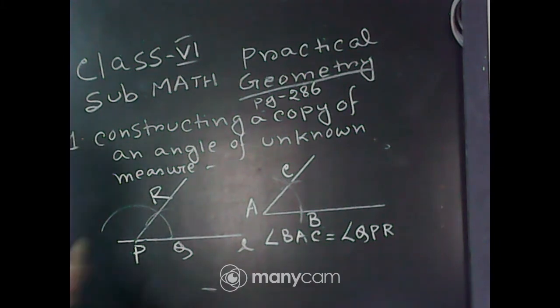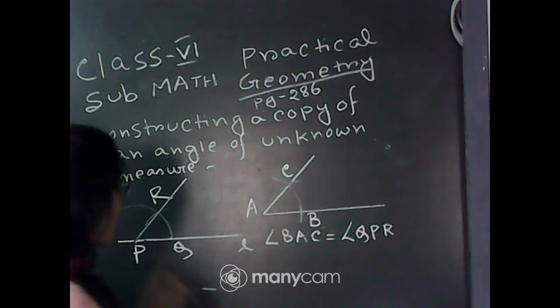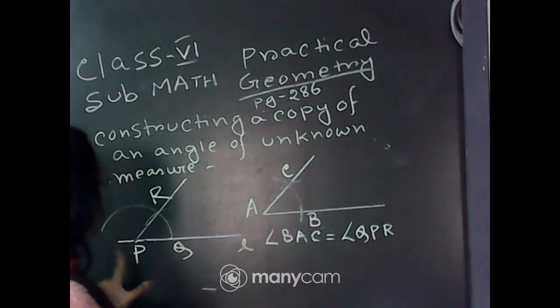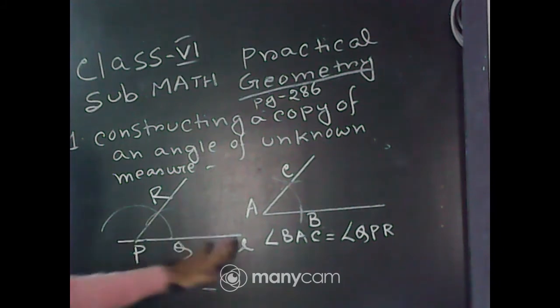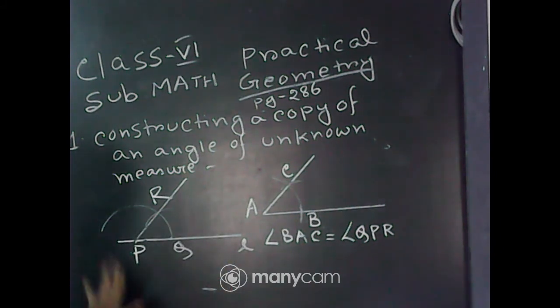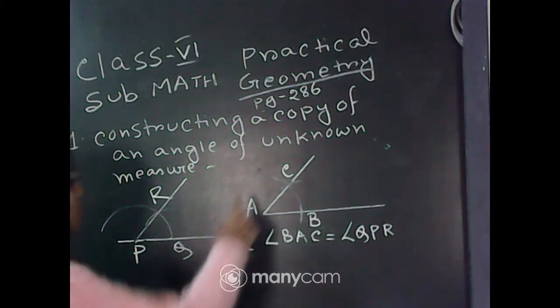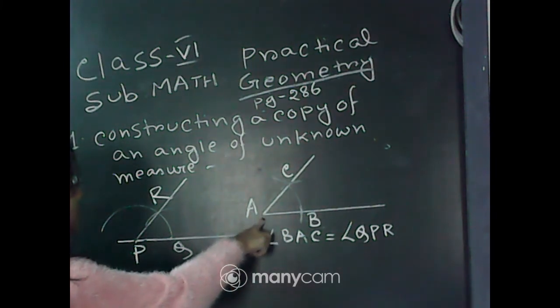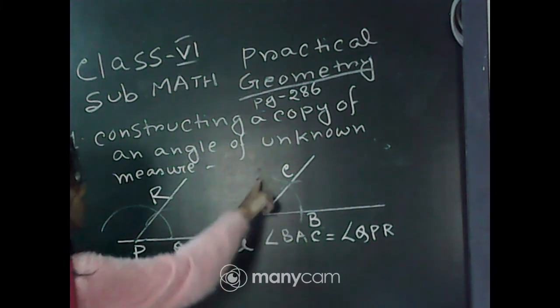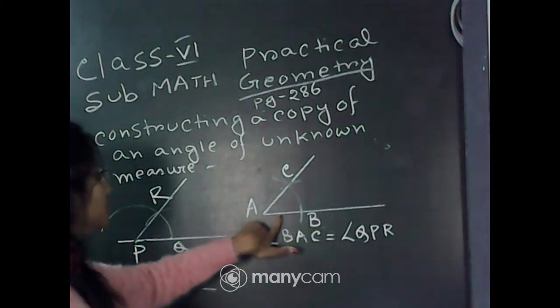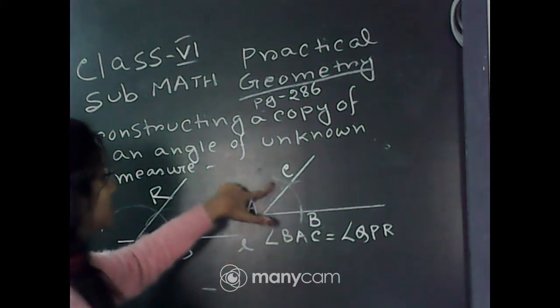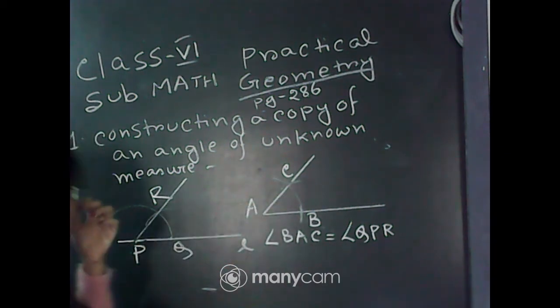For this we first draw a line L and mark a point P on it. Now place the pointer of compasses at A and draw an arc, and this arc cuts this ray at B and this ray at C.